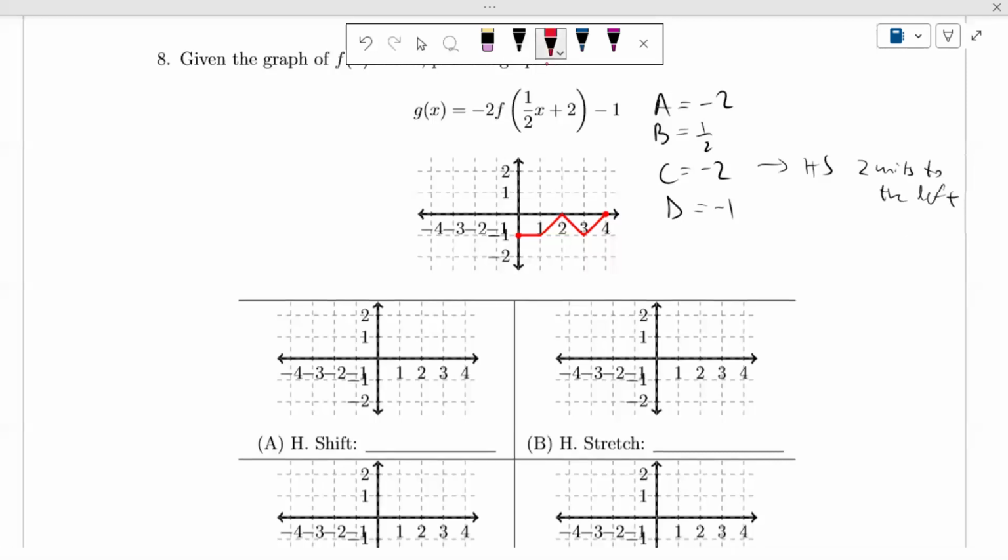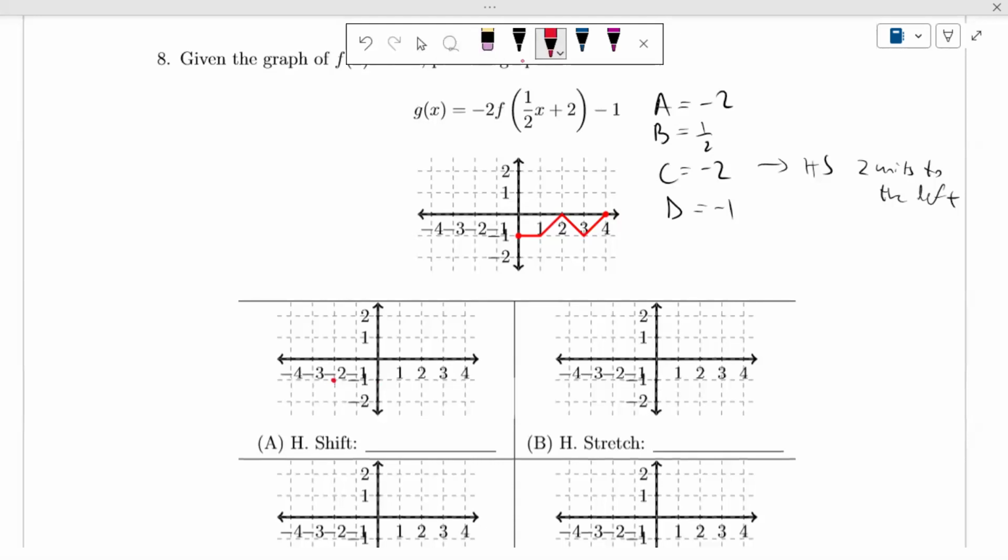This point over here used to be at x equals 0. Now it's going to be over here at x equals negative 2. This point used to be at x equals 1. Now it's going to be at x equals 0. This point used to be at x equals 2, but now, sorry, 2 units to the left, x equals negative 1. My bad, everybody.